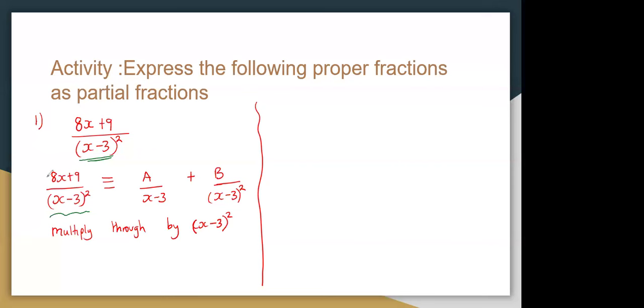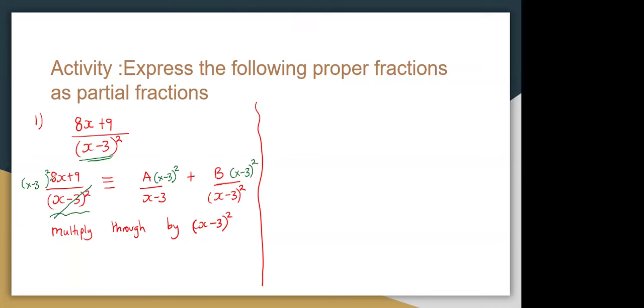I'll come here and multiply by (x - 3) squared, I come here and multiply by (x - 3) squared, and I come here and multiply by (x - 3) squared. Class, first let me know whether we're on the same page. I don't want to leave anyone behind. Is that very clear? Are we on the same page? Okay, people are saying yes.